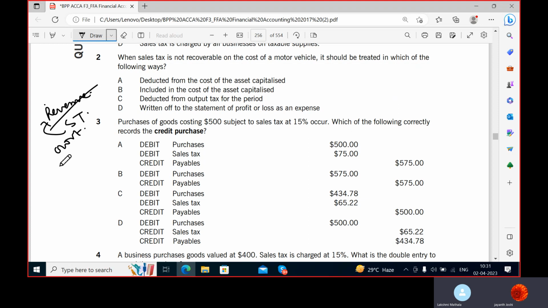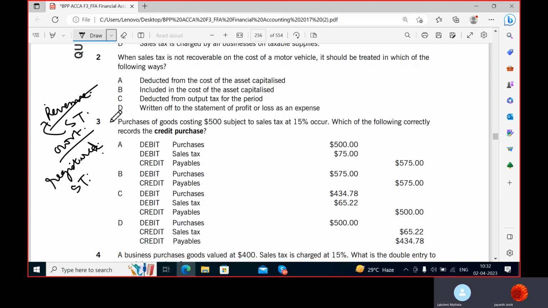That is the reason many businesses get themselves registered with the sales tax authorities, because only registered businesses can collect sales tax. Then they collect the output sales tax, and whatever they have paid as input sales tax, the difference amount they hand over to the tax authority. So in this scenario, we can say that it is a mandatory thing which is to be done.